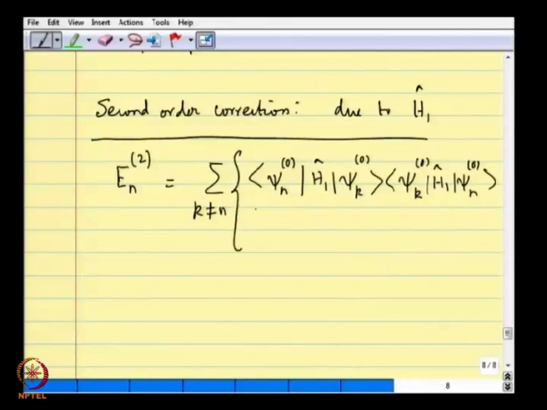The sum is for both the numerator and the denominator.